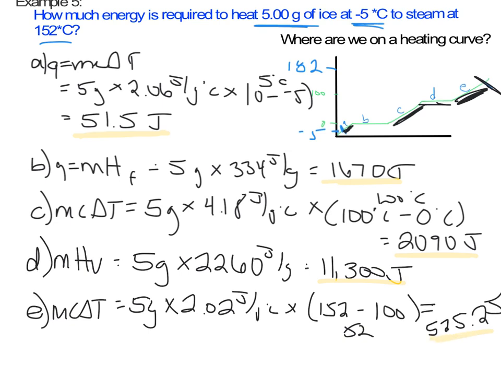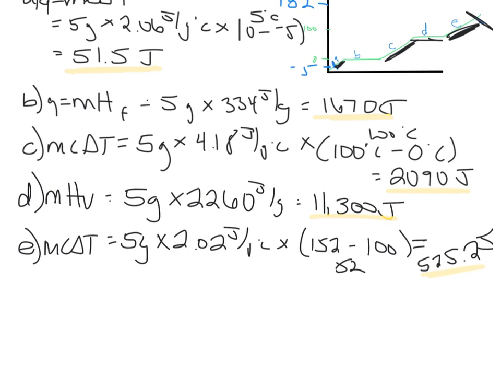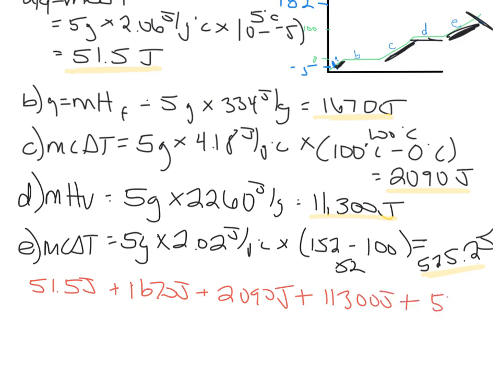So now I have all 5 sets of joules for each individual part of the equation. So the tricky part now is we need to add them all together. So to find that total heat, I'm going to have to take my 51.5 plus the heat in B, so what was that, 1,670 joules, plus C, 2,090 joules, plus D, 11,300 joules, plus our last one, 525.2 joules.